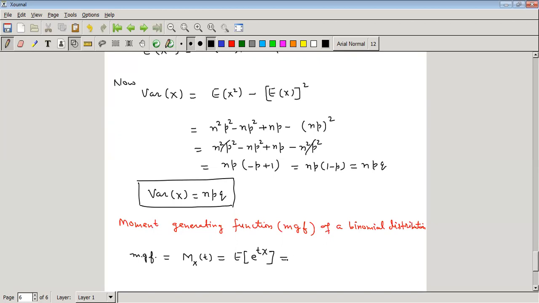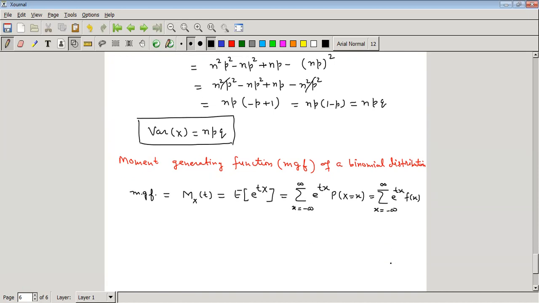and we know how we can define expectation: summation x equal to minus infinity to infinity e to the power tx into probability of X equal to x, and we also denote this probability as f(x).